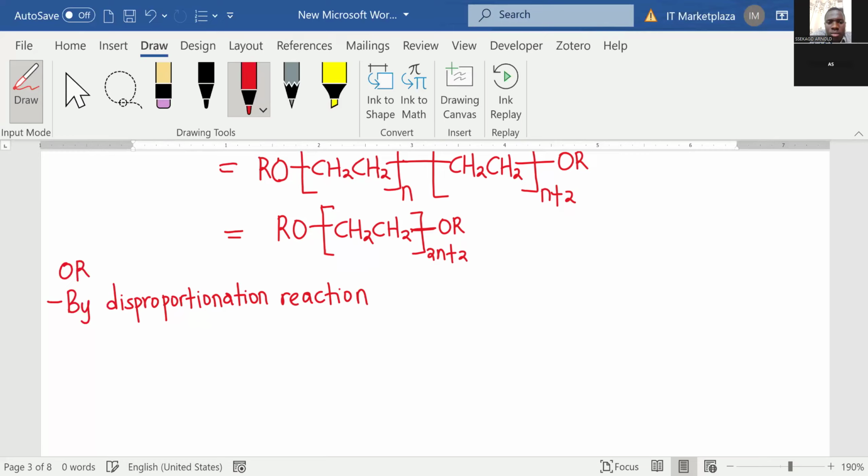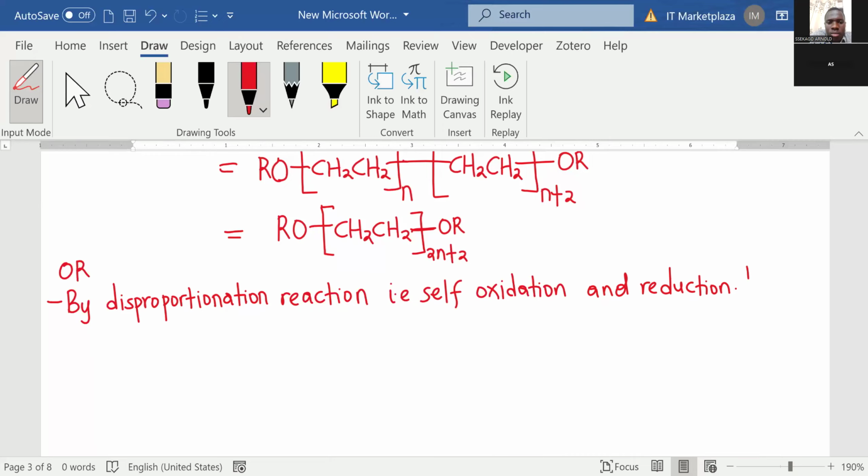Disproportionation, i.e. self-oxidation and reduction.